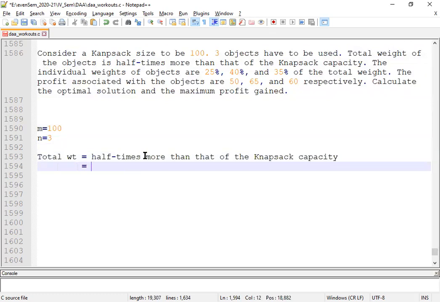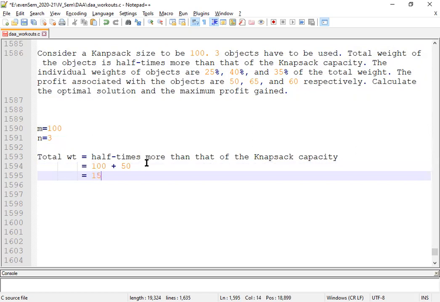Let me try to write it this way. Knapsack capacity is 100. Half time more than this 100 is 50. So the total weight is going to be 100 plus 50, that is 150, the total size of the three objects. The total weight we have now calculated to be 150.